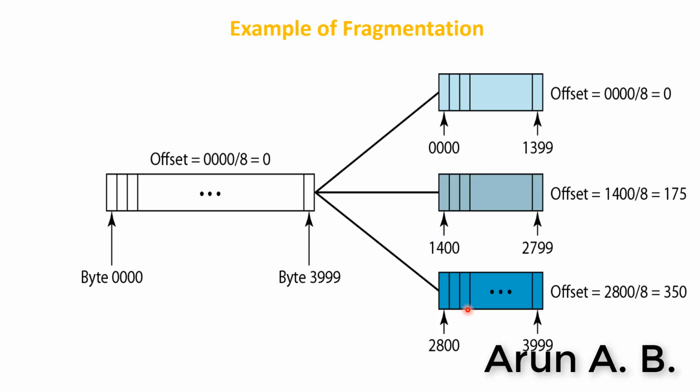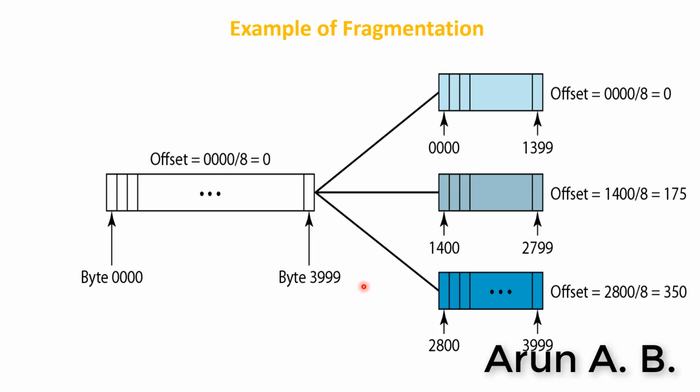You can see here this diagram, which indicates a 4000 byte packet passing through a router with a 1400 maximum transmission unit. So this 4000 has to be subdivided into packets of size 1400 bytes.